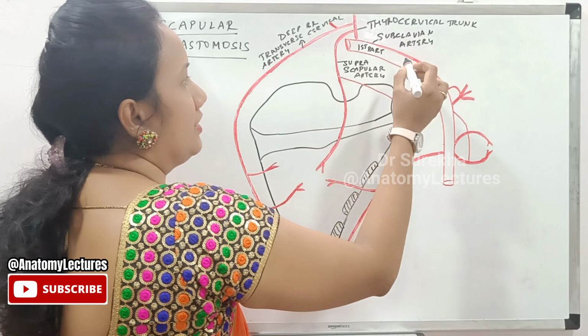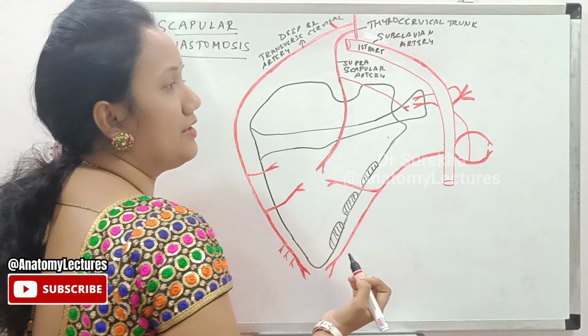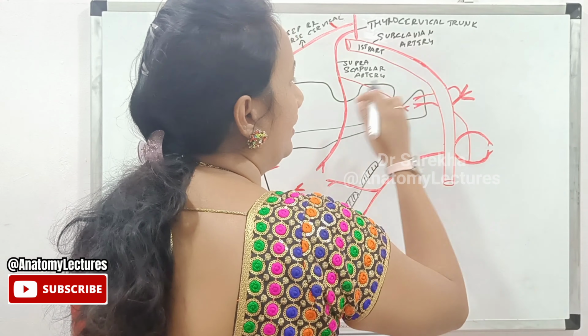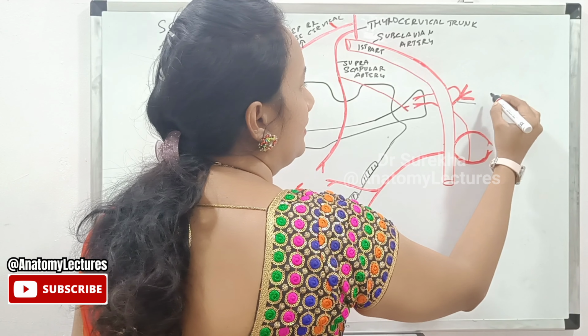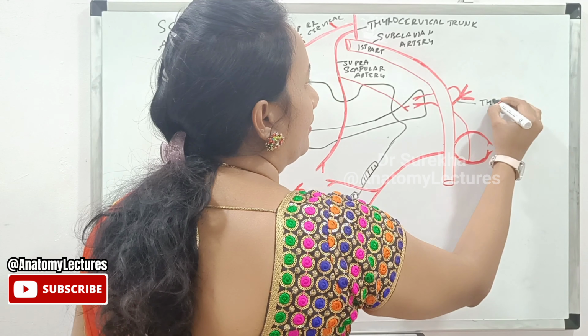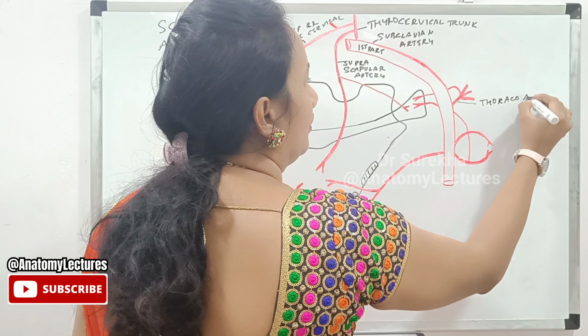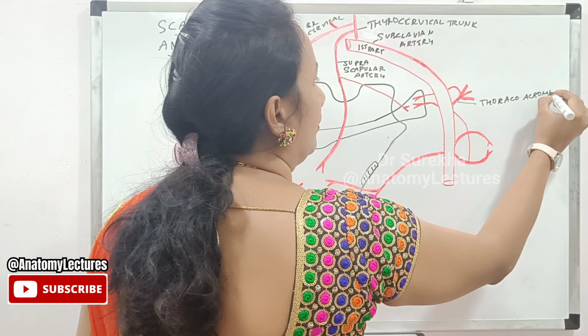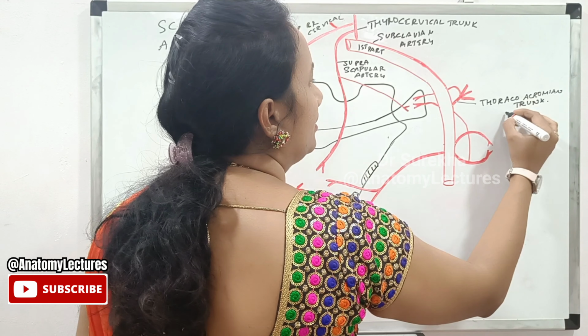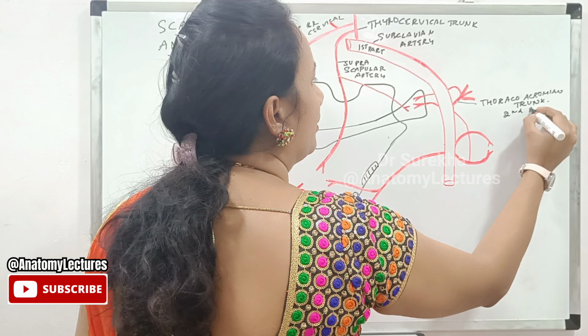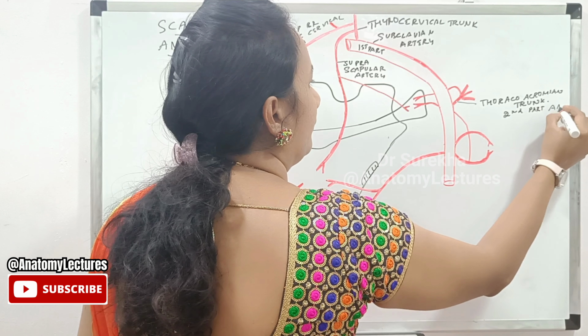Okay. Next, we will see which branches of axillary artery are taking part in this anastomosis. So this is the thoracoacromial trunk, which is a branch of second part of axillary artery.